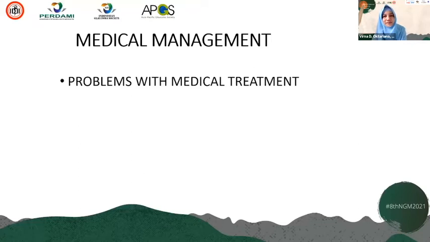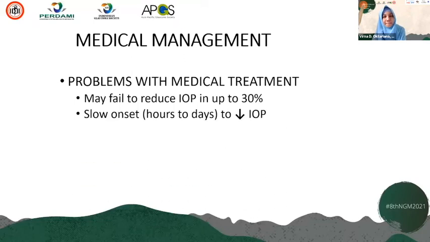So what are the problems with medical management alone? It has been shown that they may fail to reduce intraocular pressure in up to 30%, depending on the onset of the acute attack or even the duration of the acute attack. And you may have experienced before that this medical management can be slow to reduce the intraocular pressure and sometimes may take up to days.